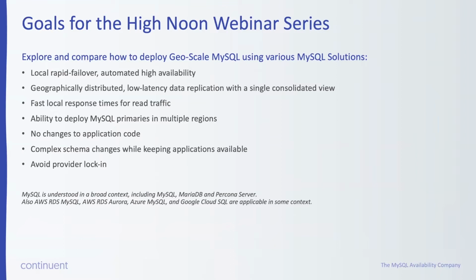Obviously, we want good performance, fast local response times for our read traffic. And we want to deploy not just at a geo scale, but we want to have active MySQL primaries in multiple regions. So there would be an active database in each region that we deploy in, or each site, each cloud provider, whatever it may be.